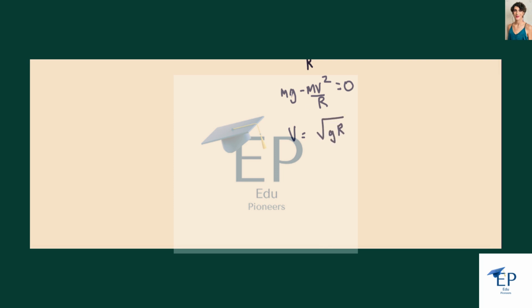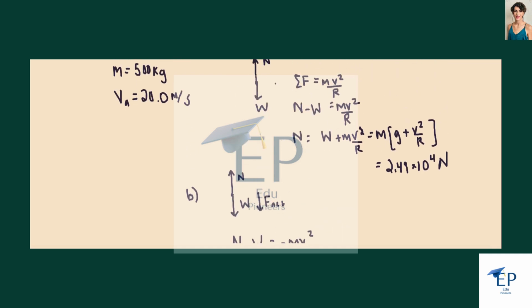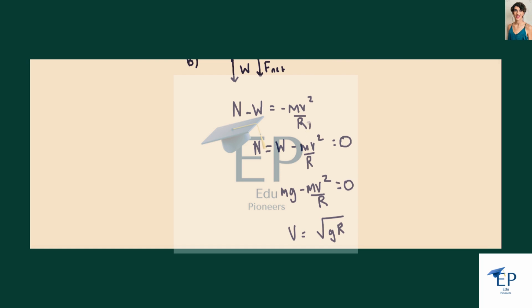The m's cancel and you bring the r to the other side. So let's calculate the square root of g times r, and this r is going to be r2, which is 15. So we want the square root of 9.81 times 15. And I get 12.1 meters per second.